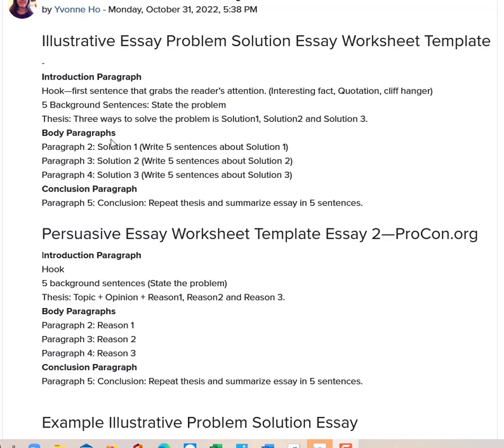Then each body paragraph has a topic sentence, supporting sentences, and a concluding sentence. Here, the topic sentence would be, people need to exercise in order to lose weight. Now you're going to write 5 sentences about the benefits of exercise. So, for instance, if people go out and enjoy nature, and exercise by walking or going to the gym, swimming.